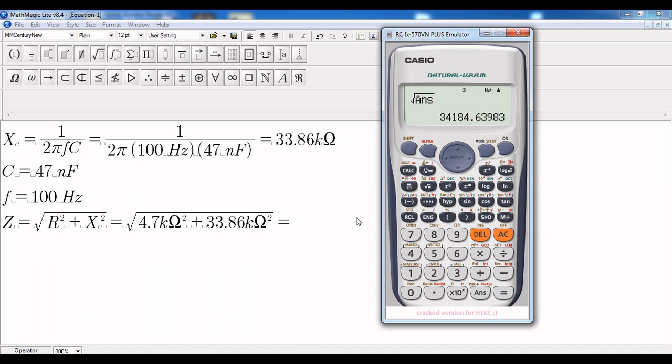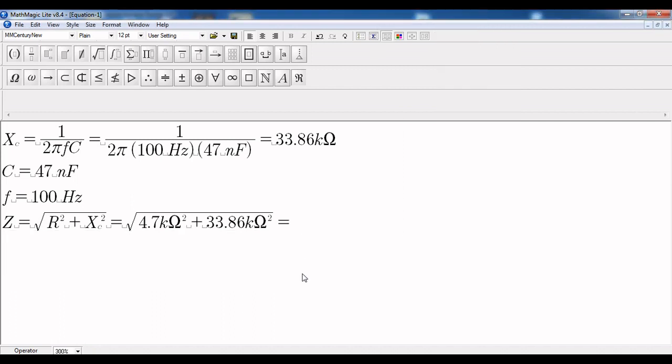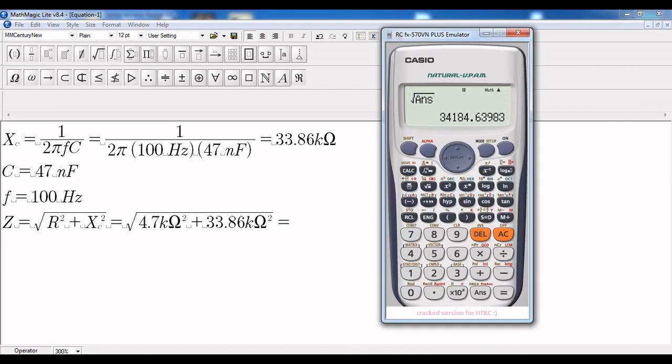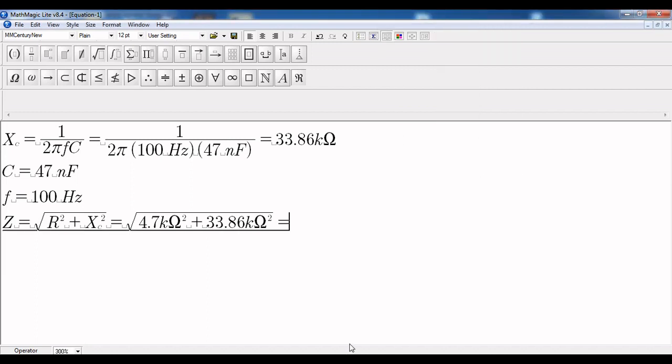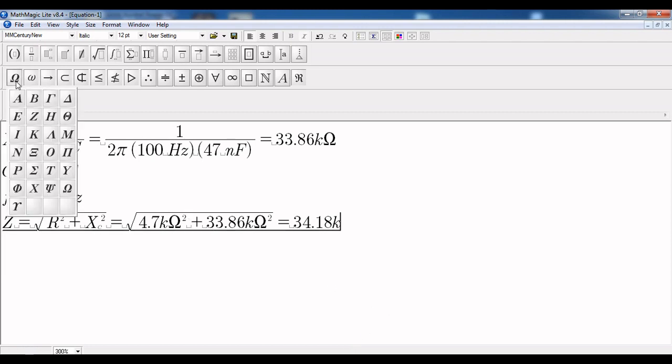So that would be 34184.64. So let's just put it here. Again, this is also in ohms. So that will be 34.18 kilo ohms.